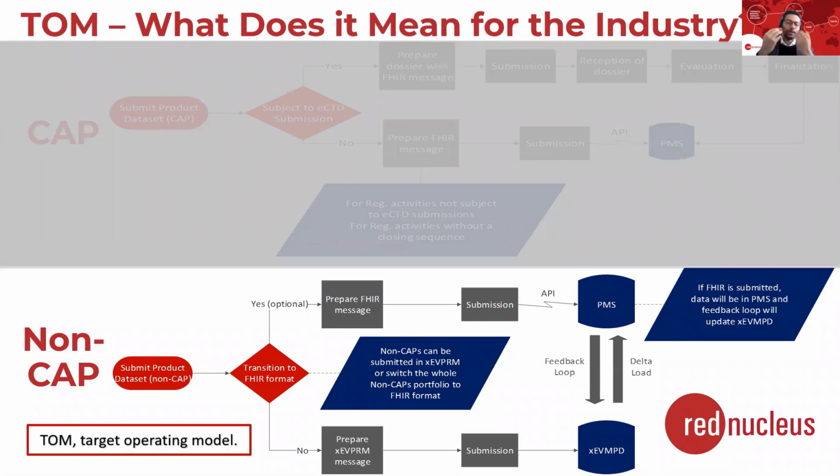So this is for your initial submissions or for any variation that you will be submitting. And once you get the approval, that's when you will submit the FHIR message. Now, the timelines for the submission will be the same as the current process, which is 30 days for any variations and then 15 days for your new initial MAs.